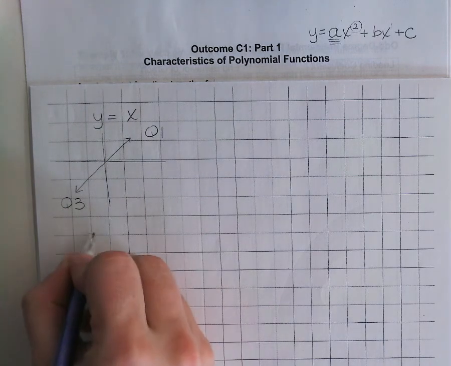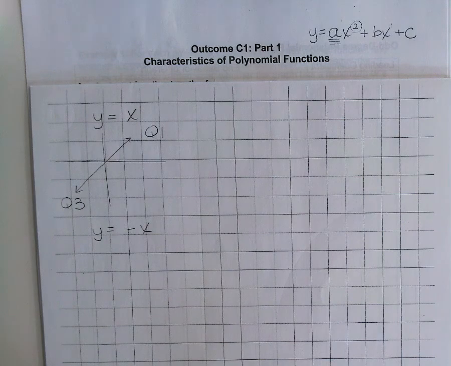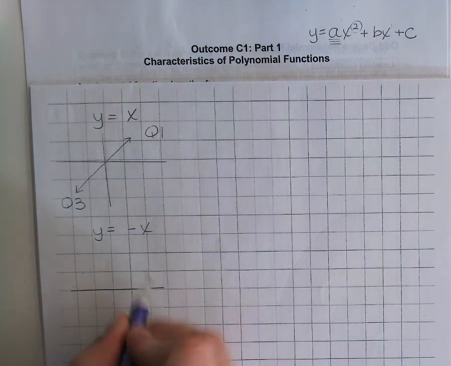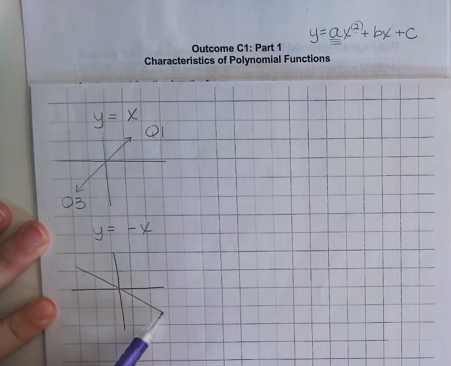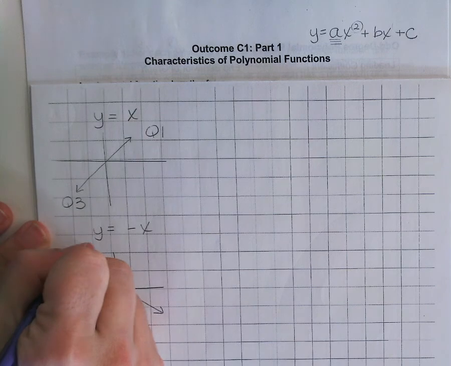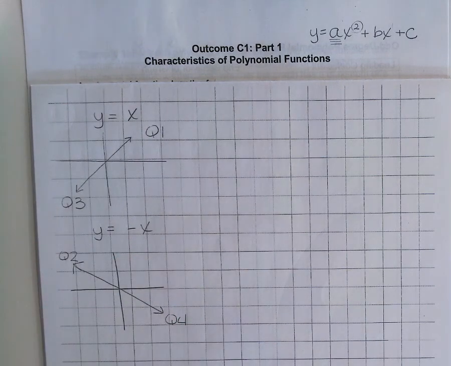We also know that if we change this to y equals negative x, the slope is changing. And so now our graph is going to go from quadrant 2 to quadrant 4. We know that about linear graphs.